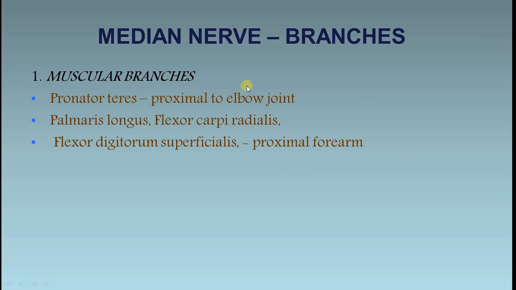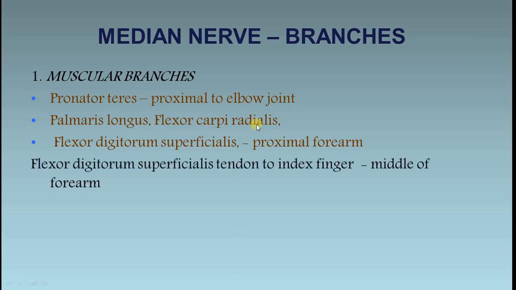So in the upper part of the forearm, it supplies these three muscles. I already told you the flexor digitorum superficialis has 4 tendons. Of these, the tendon to the index finger is supplied by a branch of the median nerve at the middle of the forearm.